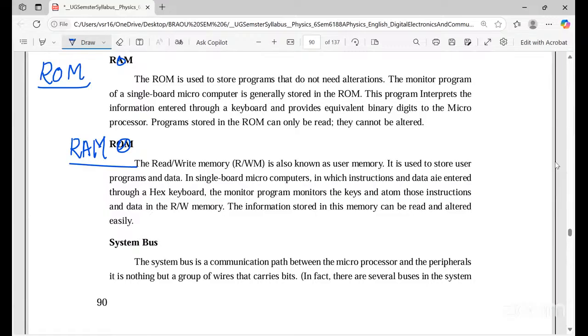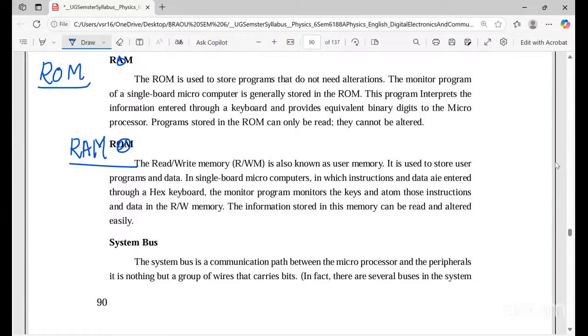If you want to perform any operation using this program, you are doing some calculations, and if you type something wrong, you can easily remove, alter and change it in the case of RAM, not in ROM.